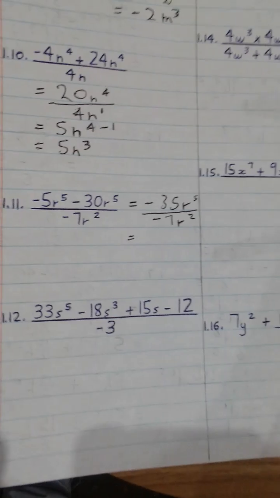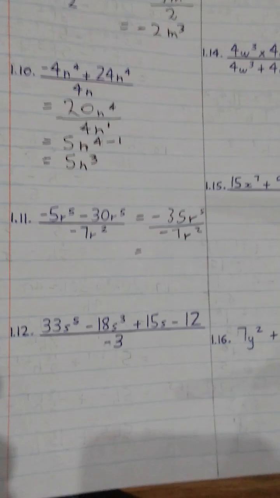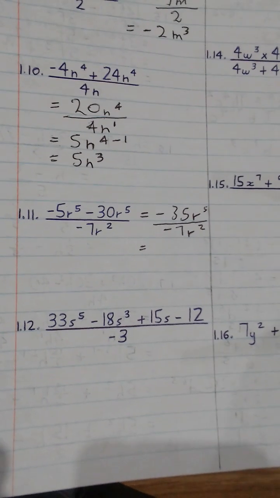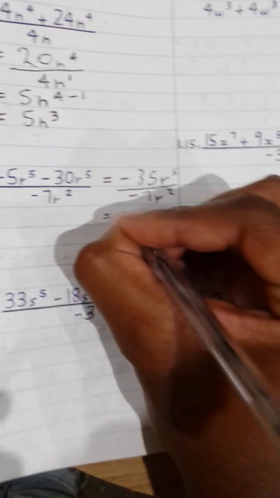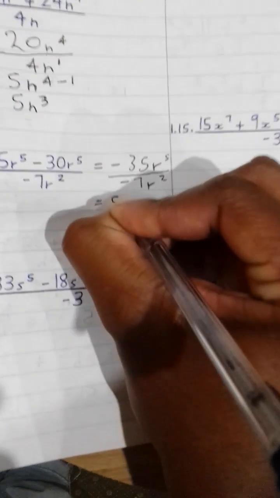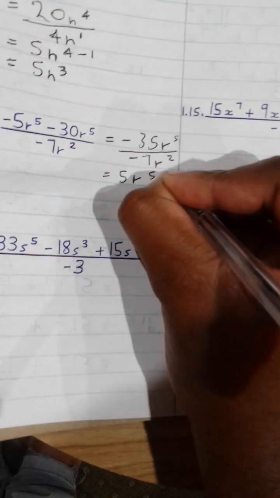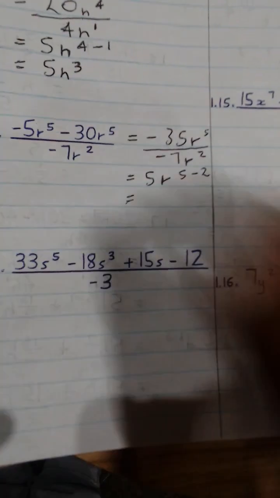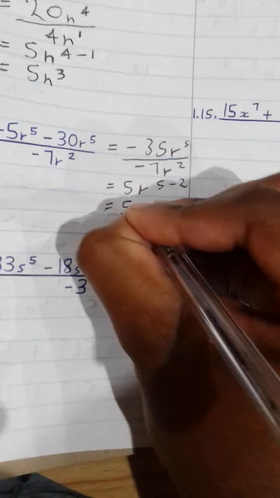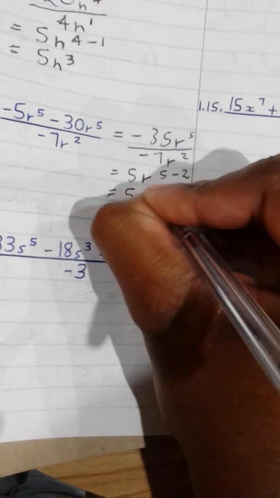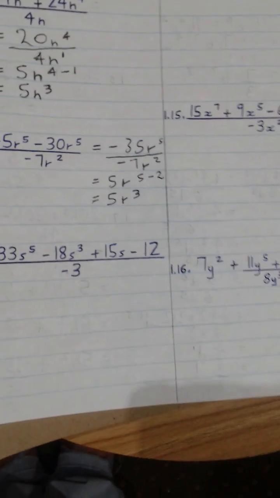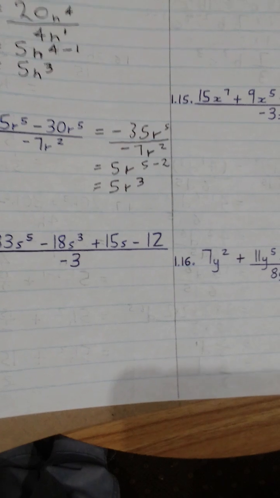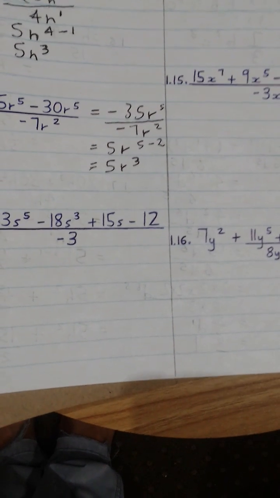So it is going to be negative divided by negative, positive. 35 divided by 7 is 5. Then r, top exponent 5 minus bottom exponent 2. 5 minus 2 is 3. So the final answer is 5r to the power of 3. I hope that makes sense and I hope that's clear.